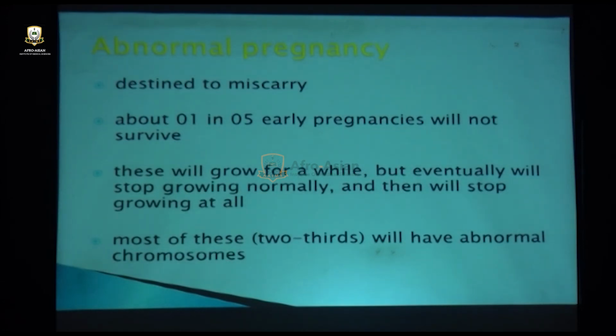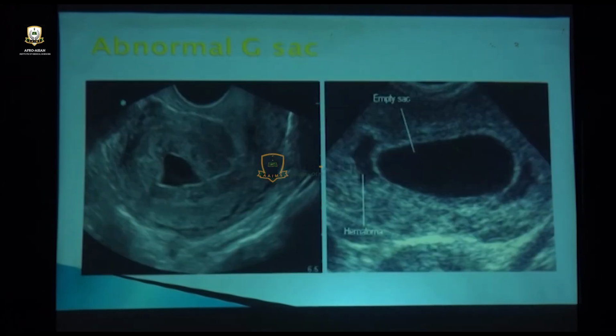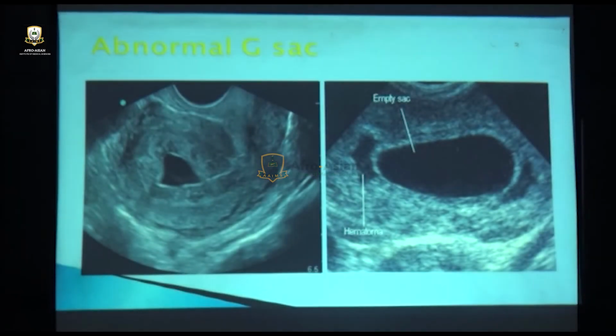Abnormal pregnancy destined to miscarry. ऐसी pregnancy जो मौजूद है, but you pick it up and you are sure that it is not going to prolong unless God's will. So that you can also pick, and that is the example. For example, if you see on the left side, ये जो gestation sac अगर crumpled और इसका decidual reaction is not very strong like the one I showed you before, there is a difficulty.